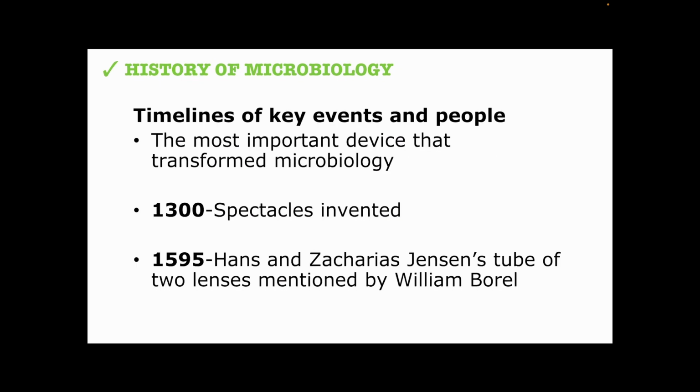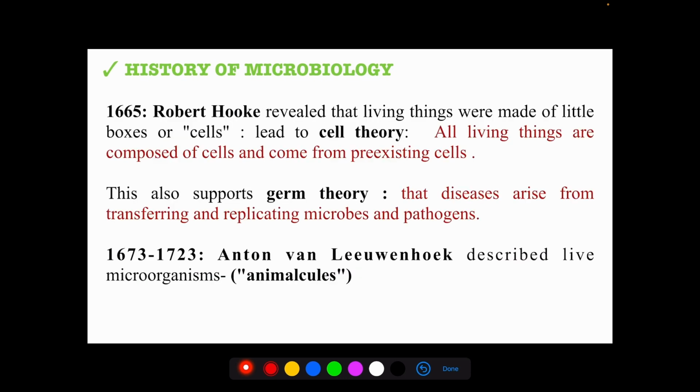And so the most important device that transformed microbiology was the invention of the spectacle, which was by Hans and Zacharias Jensen, a tube of two lenses. Now, in 1665, a scientist by the name of Robert Hooke revealed that all living things were made of little boxes or cells.